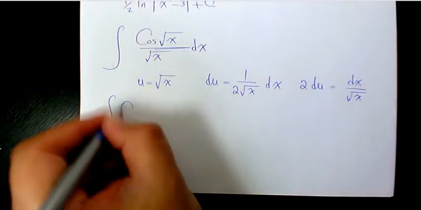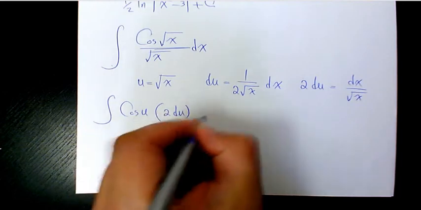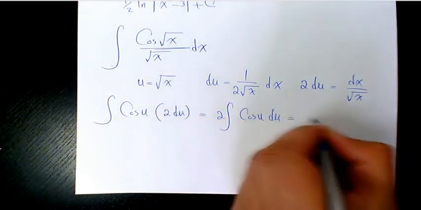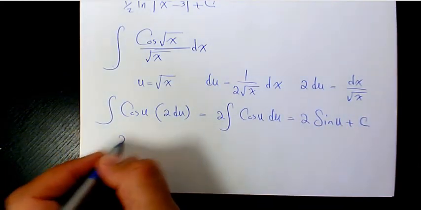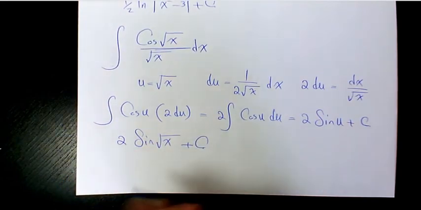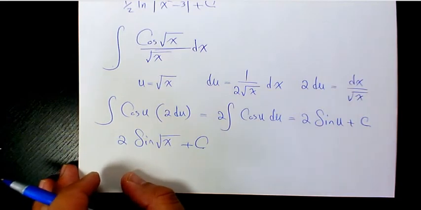That's going to be cosine u times 2 du. That's going to be 2 cosine u du. 2 sine u plus c, which is 2 sine square root of x plus c. c again is the constant number. It can be any constant number.